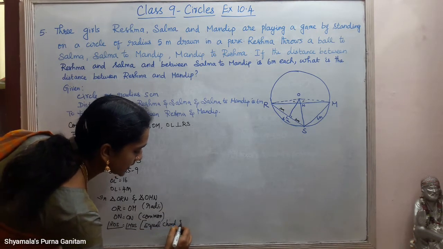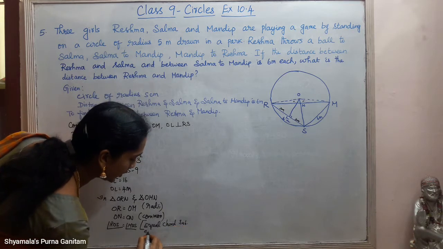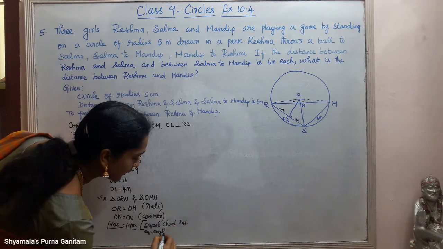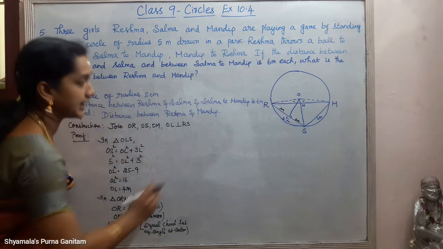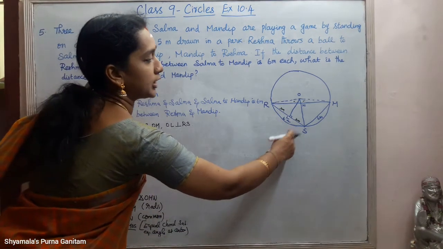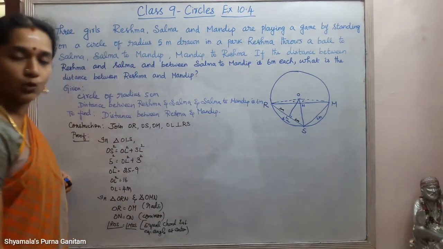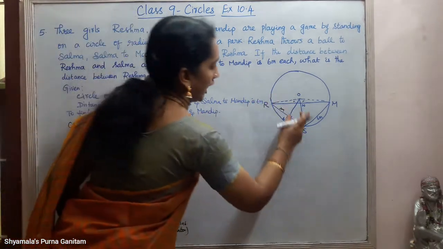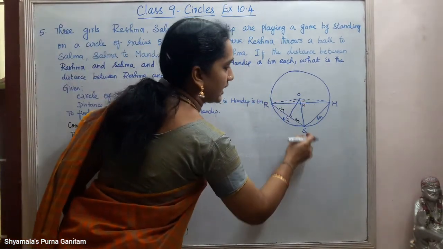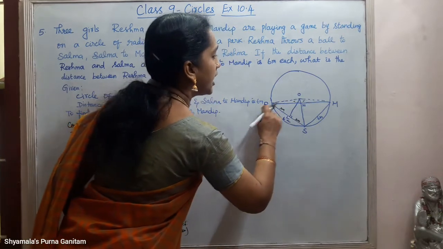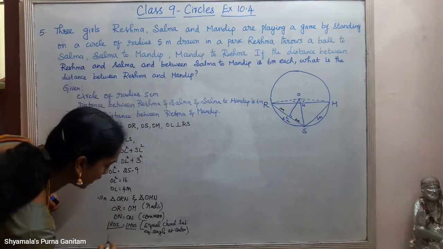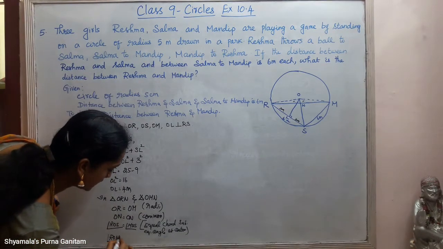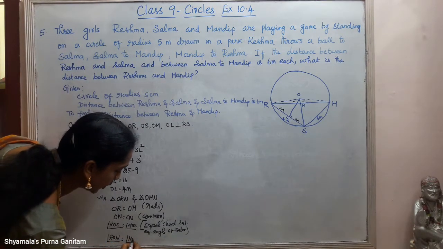So angle ROS is equal to angle MOS. Since N is on that point, we can say that RON is equal to MON.